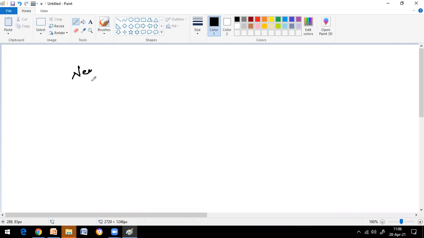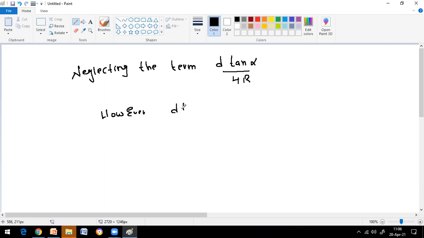There is a note here which says neglecting the term d tan alpha by 4r. By neglecting this term, we can write d tan alpha by 4r is equal to 15 tan 12 degrees by 4 into 50, which is 0.0159 radians.